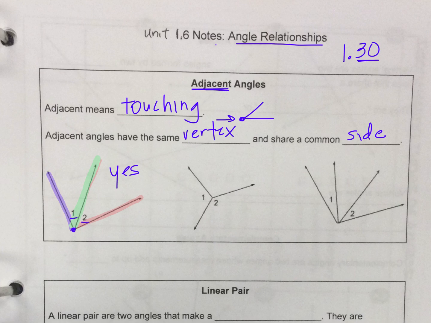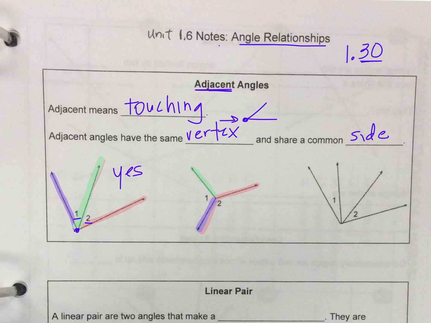Let's look at the next one. Angle 1 right here. I got angle 2 right here. Well, they share that line, so they're touching, and they have a common vertex. So yes, those are adjacent.